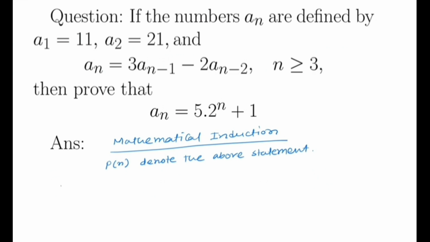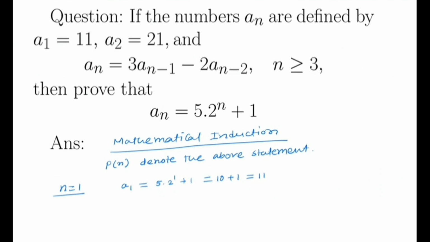So for n equal to 1, we have a_1, and by the formula it is 5 into 2^1 + 1. So 10 plus 1 is 11. So we get a_1 is 11, and exactly a_1 is given as 11.